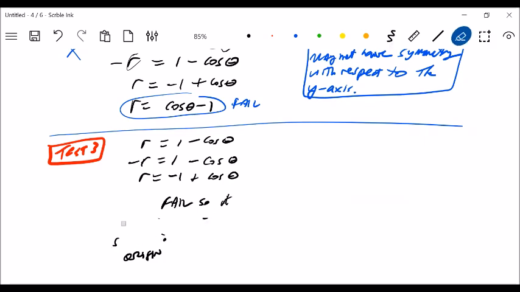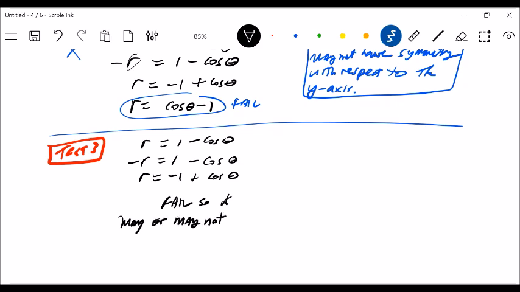Sorry, that doesn't write out nearly as well as it should, so I'm going to very quickly write it over again. So it may or may not be symmetrical to the origin.